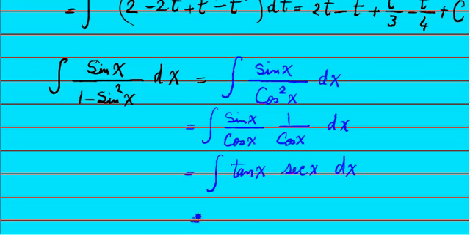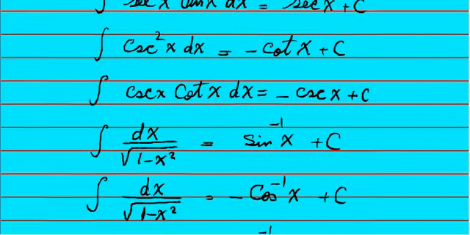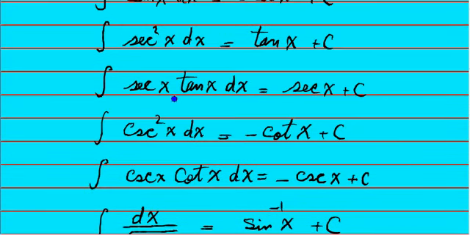So now we can ask ourselves, what's a function whose derivative is tangent secant? Do you remember what function it is? Tangent secant. Now it showed up in our table. It's the same as secant of x.